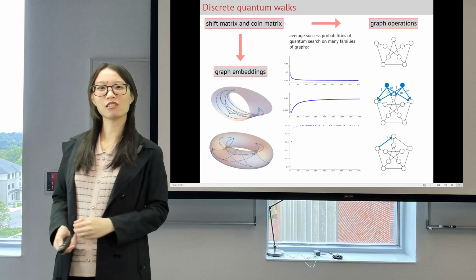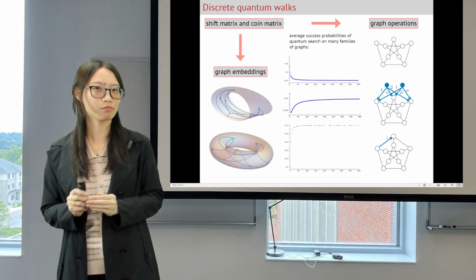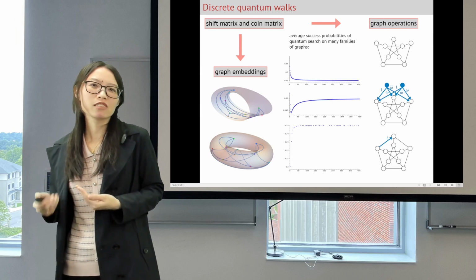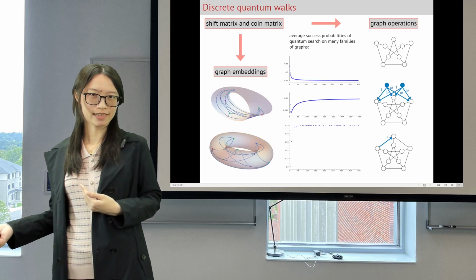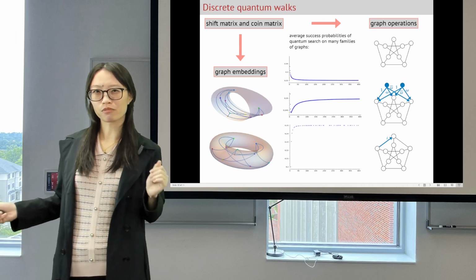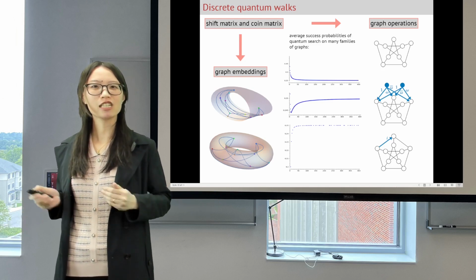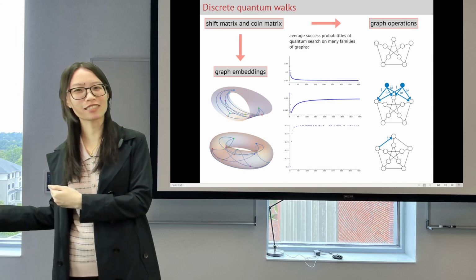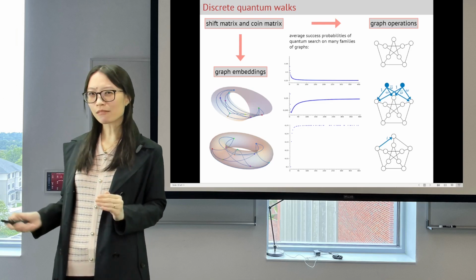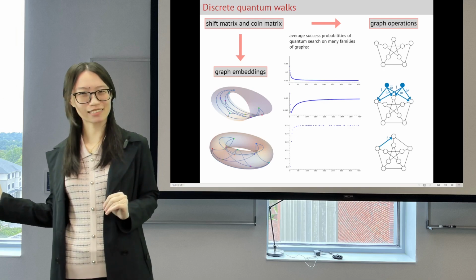Back to our search example, if we compute the average success probability, we might observe something surprising. As the graph gets larger and larger, this average probability might not vanish. Instead, it could converge to a constant around 1/4. That means it doesn't matter if you have 40 vertices or 400 vertices.